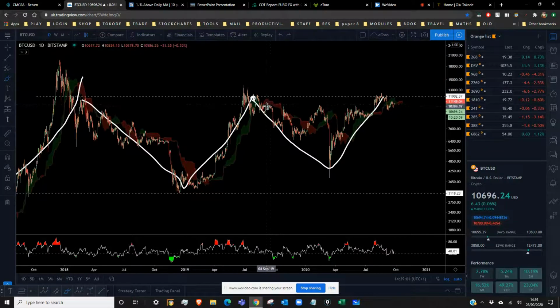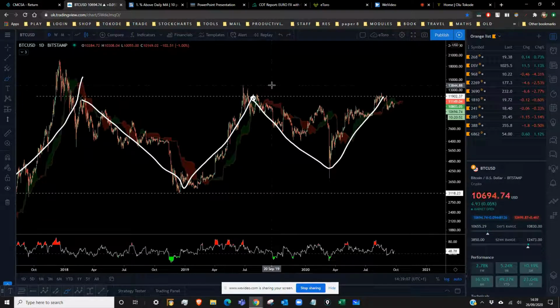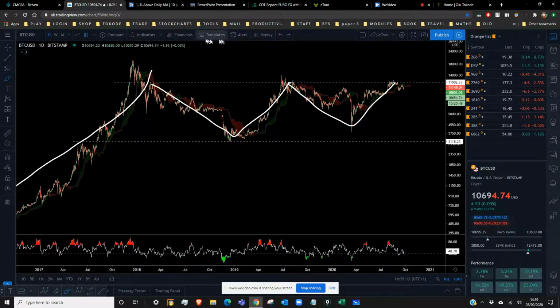But one thing that looks very certain now is that Bitcoin is correlated with the stock market. Well, it's not good to guess, so let me use a correlation coefficient to check and see.